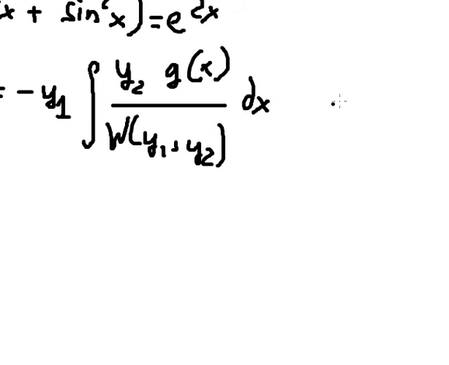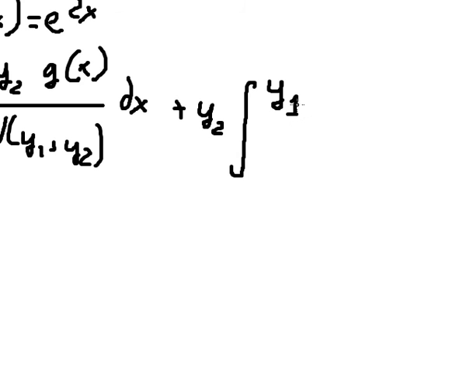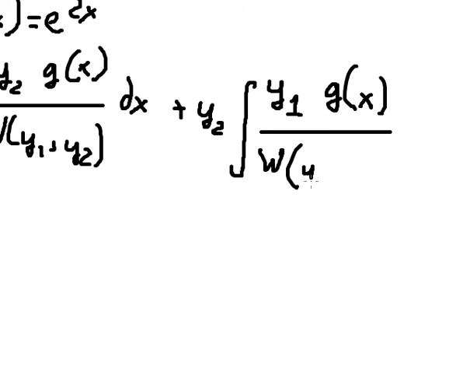So we have positive y2, and we have the integration of y1 gs over the Wronskian of y1 and y2.